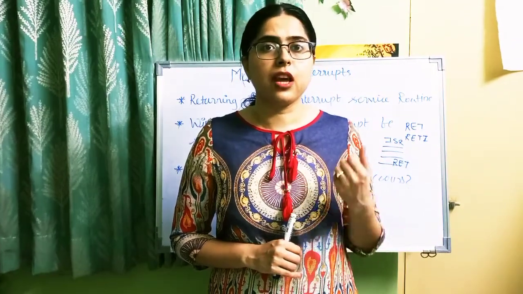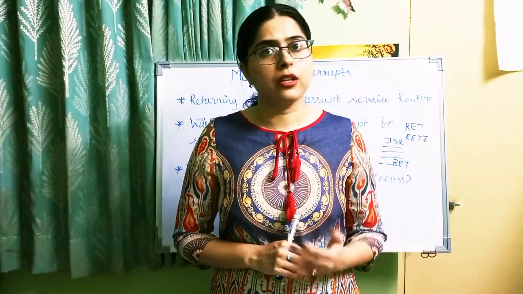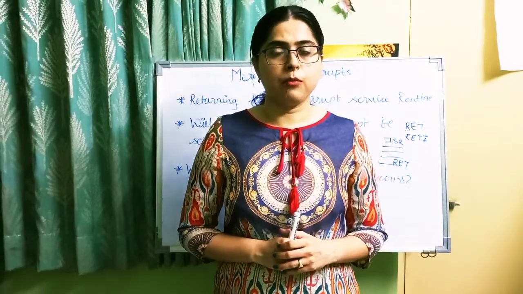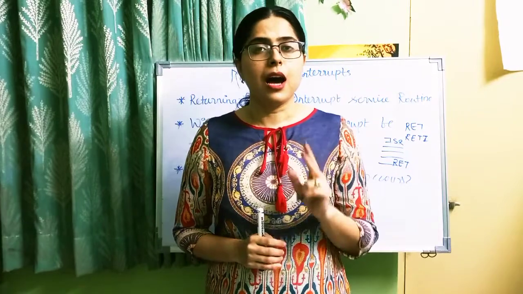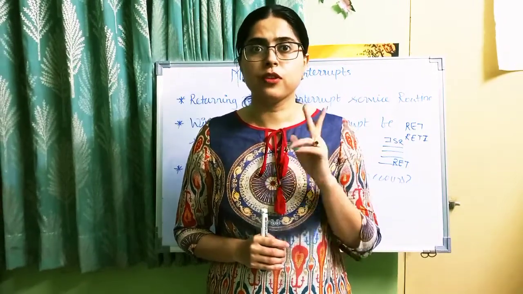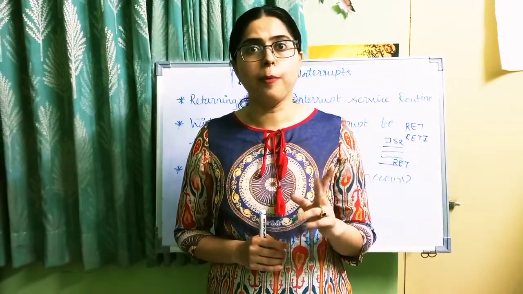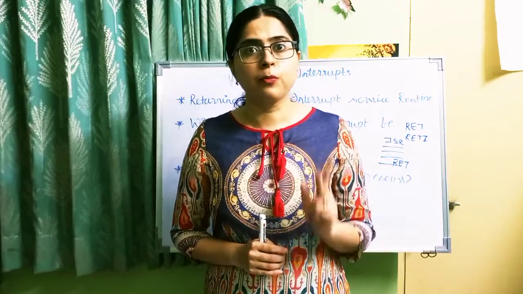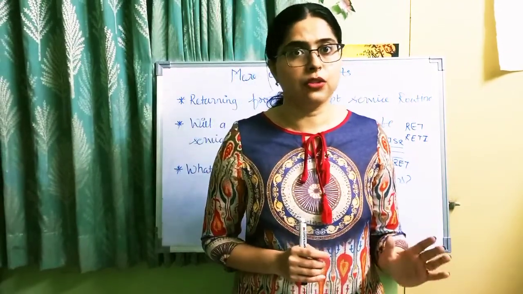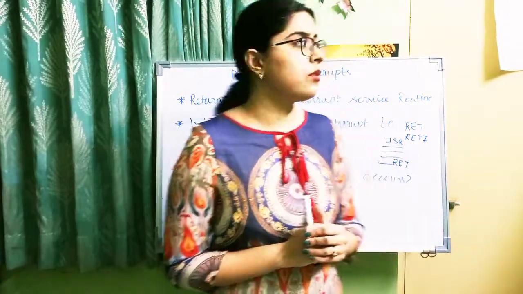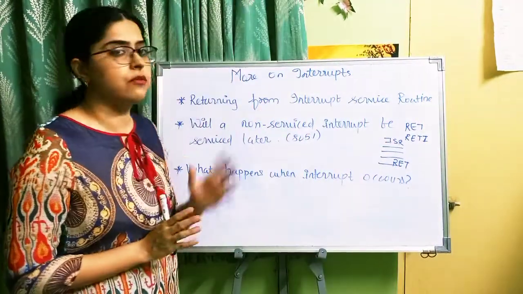The contents of the stack are popped and it resumes the execution of the main program. So that is the difference. RETI performs two operations, first flag clearance and then pop, and RET only performs a pop from the stack. That is the difference between the RET and RETI instructions. So that was about returning from the interrupt service routine.